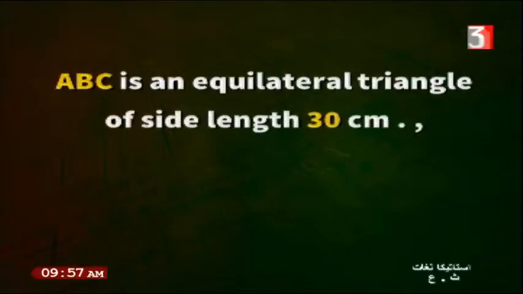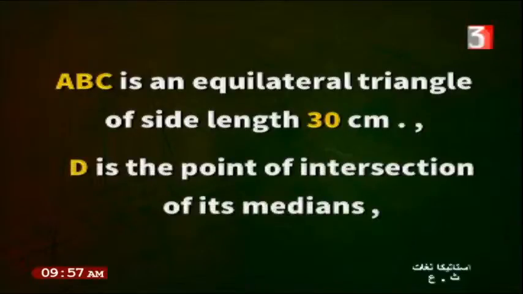Another example. ABC is an equilateral triangle of side length 30 centimeters. D is the point of intersection of its medians. We know that the median of an equilateral triangle is its height. The median is perpendicular to the base.